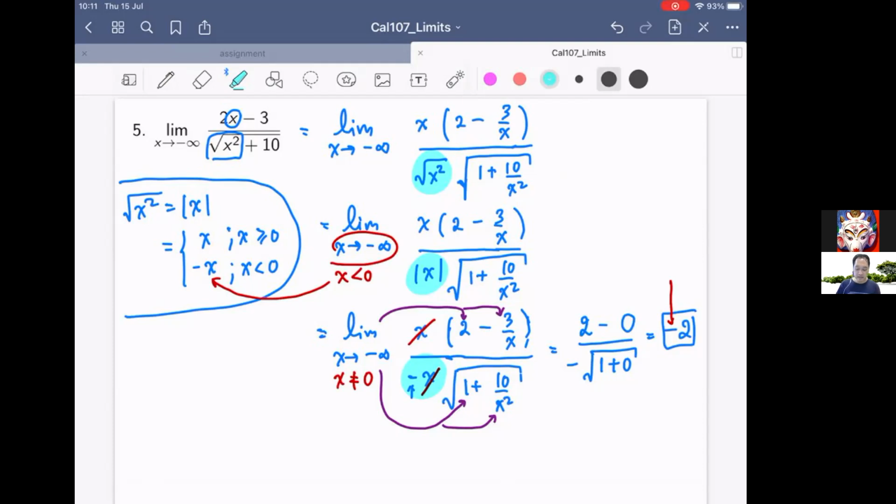However, you may look at the function itself to see the trends, or, what should I say, sometimes it tells you, roughly speaking, what the answer should be.